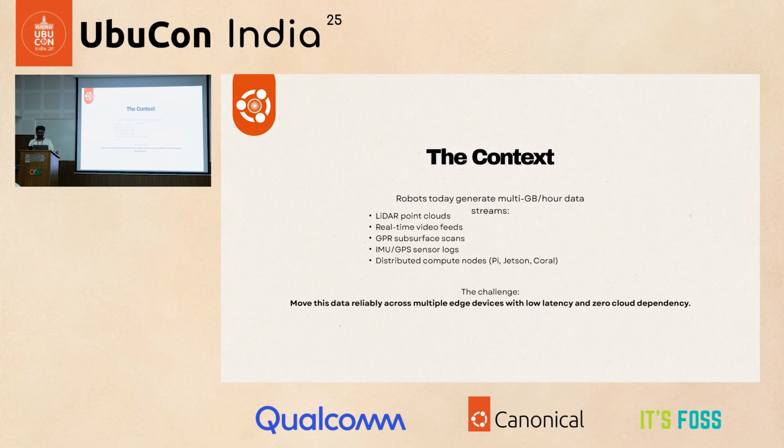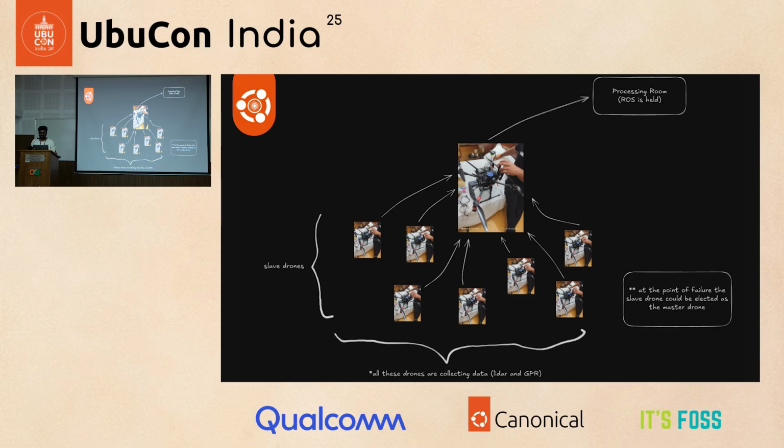The context. Robots today generate, I mean, gigs of data. What I want to do is have low latency around the edge devices because I don't want to utilize the cloud dependencies. Let's have this project.